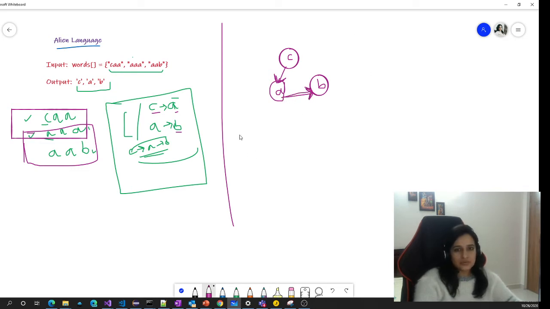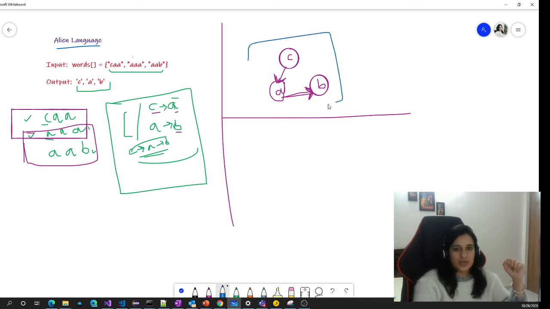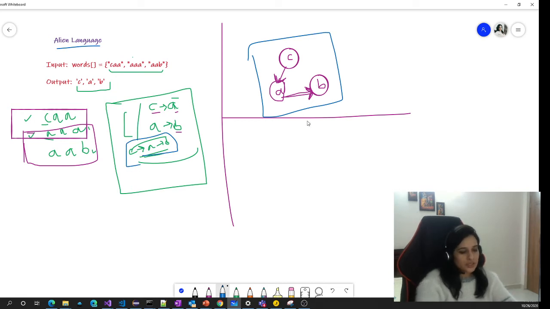Now we have a graph, and we have to derive the order of vertices from that graph. If you know about graph sorting algorithms, TopoSort is the one which can help here.